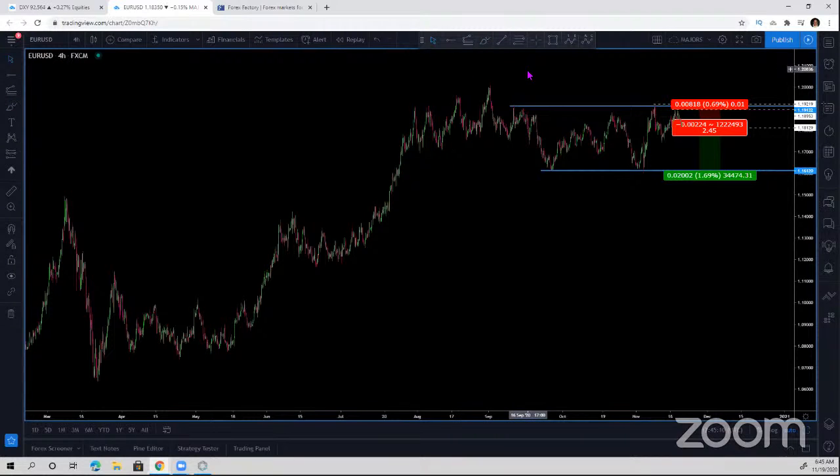After that, we started to range, right? And the range that we are currently trapped in is more defined, in my opinion.